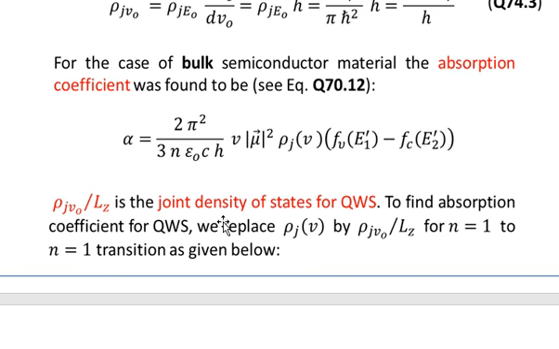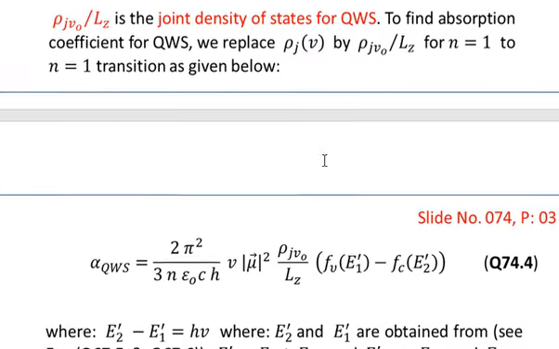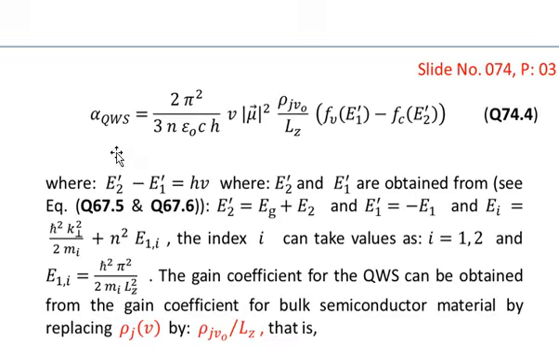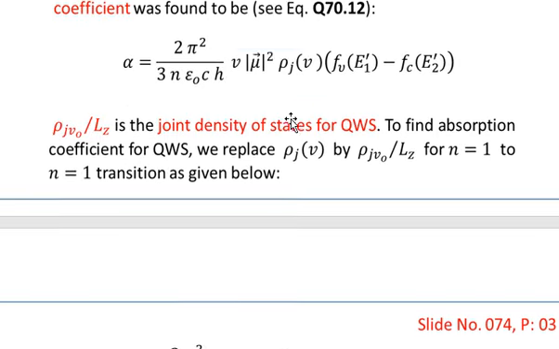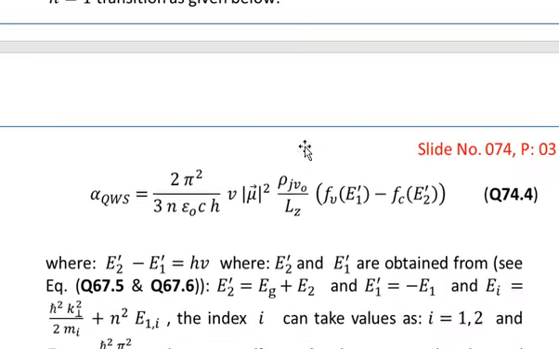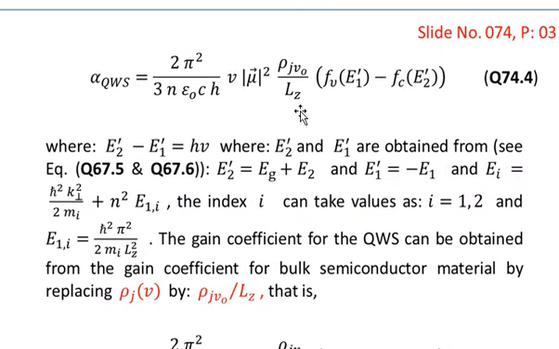And what we are going to do is replace rho j of nu by rho j nu naught over Lz in the above expression, and finally we get this, that is alpha for quantum well semiconductor is equal to the same expression, except that in the above expression rho j of nu was replaced by rho j nu naught over Lz. The rest of the quantities are the same, where E2 prime minus E1 prime is equal to h nu.